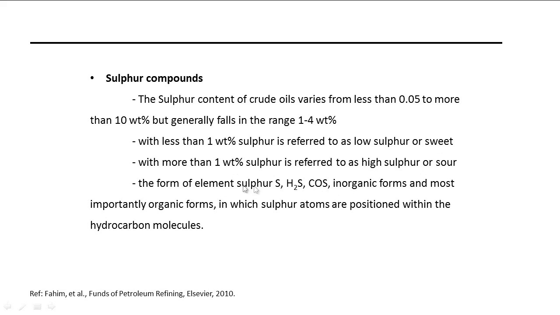Not only the element sulfur will be found, but the sulfur may also be present in hydrogen sulfide or carbonyl sulfide complexes. And also they can mix in the complex of inorganic forms.